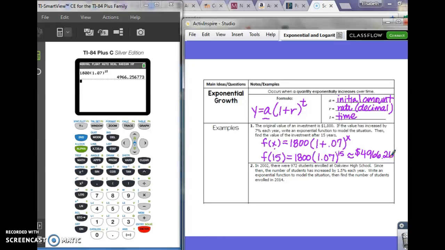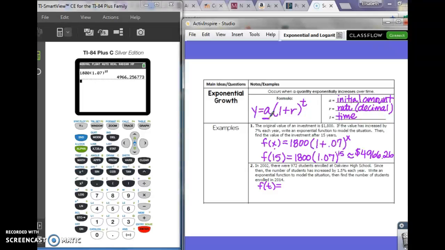So the second problem says in 2002 there were 972 students enrolled at Oakview High School. Since then, the number of students has increased by 1.5% each year. Write an exponential function to model the situation, then find the number of students enrolled in 2014. So my function, I'll call it f of t this time, t being time, equals.